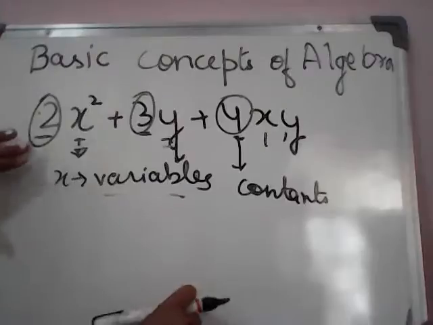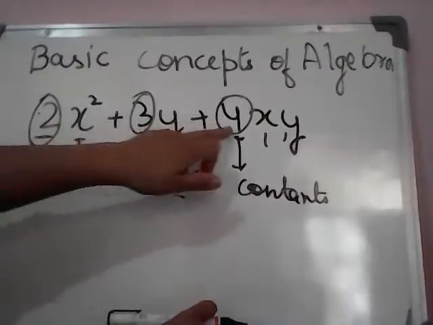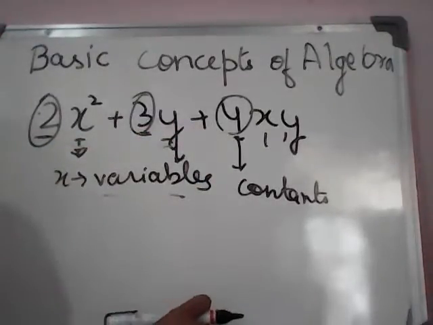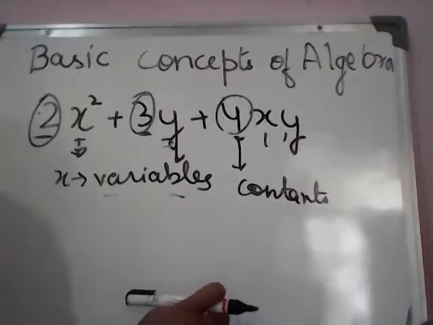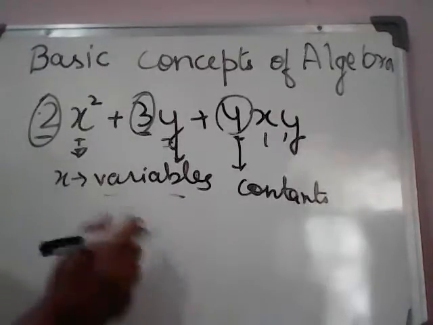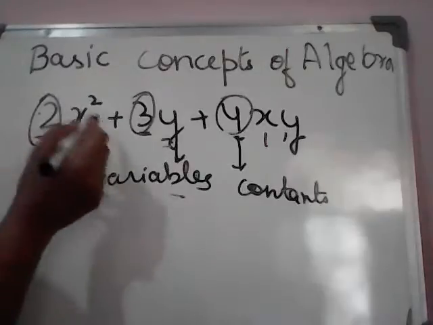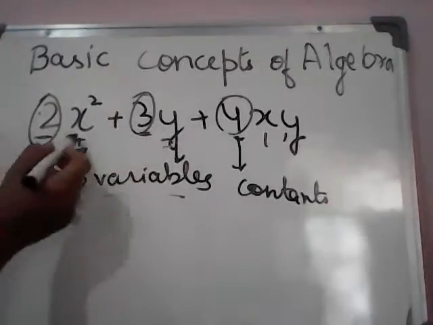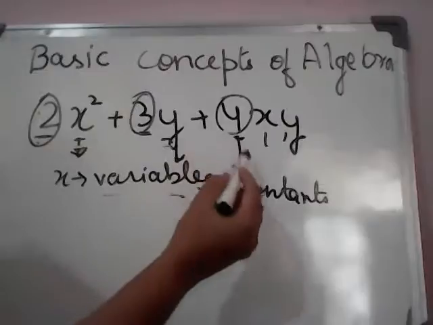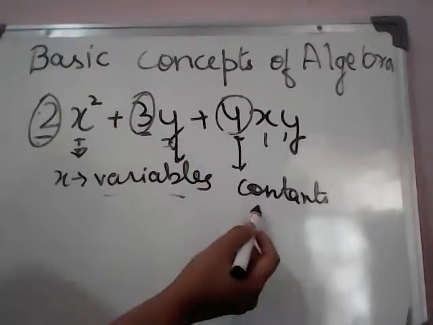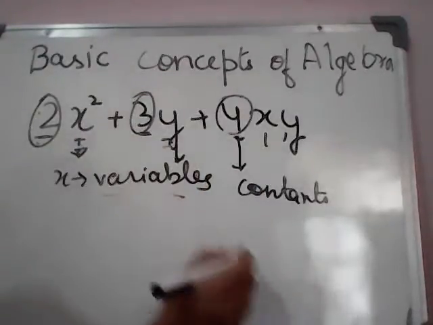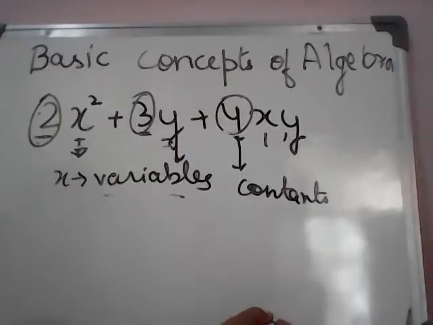That we will study. And these 2, 3, and 4 are constants because their values are fixed and we cannot change them, because 2 will remain 2 and 3 will remain 3. So the expression which is formed by variables and constants is basically algebra.